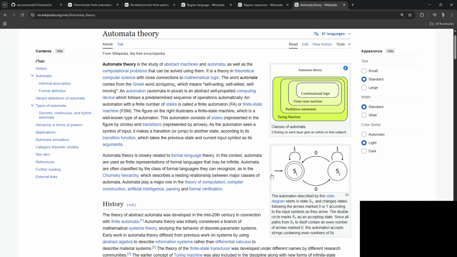So if we look at what we have here, let's take it that the alphabet for this language this automata is describing has two symbols, right? We have 0 and 1. So words that can be formed from these two symbols of this particular alphabet are words like 0 1, 0 1 1, or anything like that.